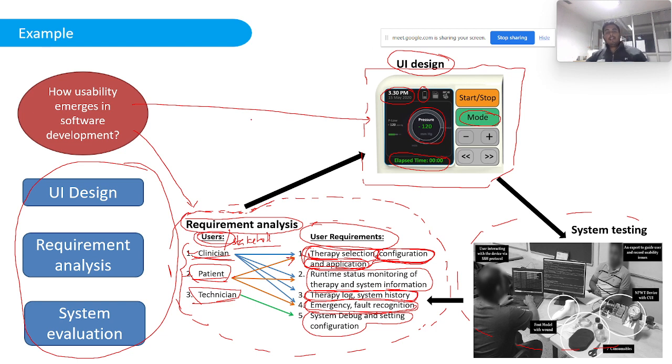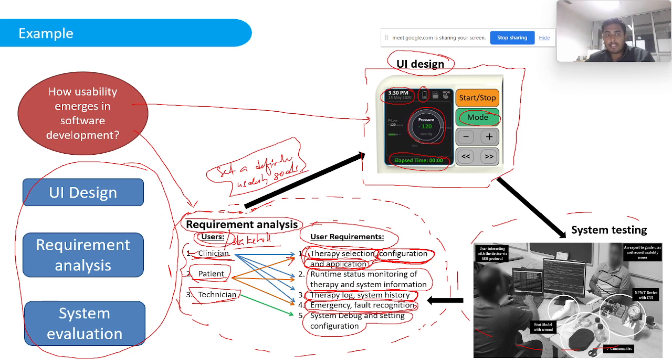So the goal of usability engineering is to set definitive usability goals. By understanding the requirements of each user, we need to understand what is achievable and how we can achieve it.